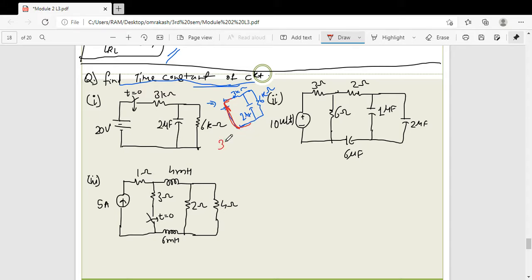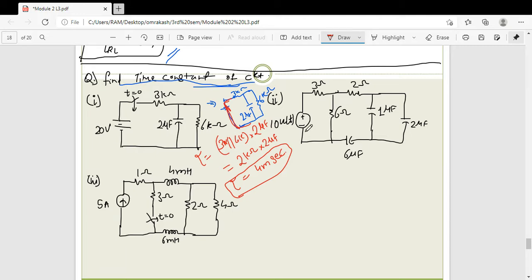This is your R equivalent multiplied by your C equivalent, and the C equivalent is 2 microfarad. So this is the time constant of this circuit. When you solve this, you will get 2 kilo ohm, because 6 parallel with 3 is 2, and this is your 2 microfarad. When you solve, you will get 4 millisecond. I hope this time constant is clear to you for this circuit.